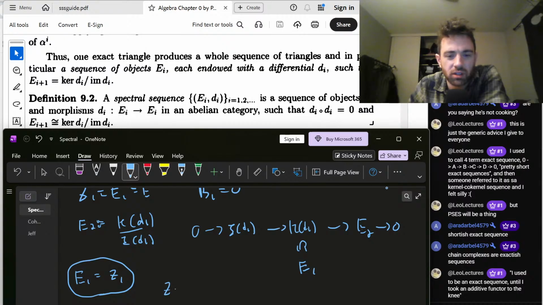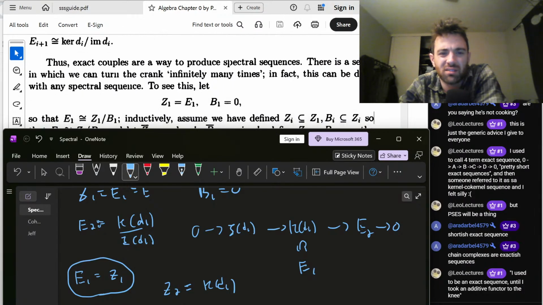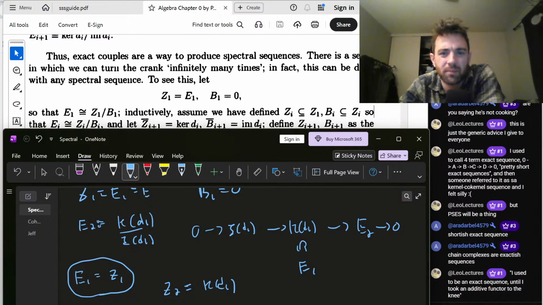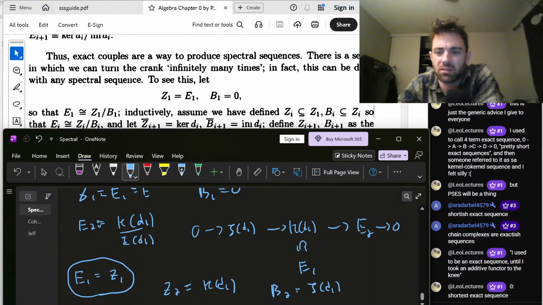So am I just taking Z2 to be the kernel of d1 in this first step? And then I would take B2 to be the image of d1? Right? I mean, that seems simple.